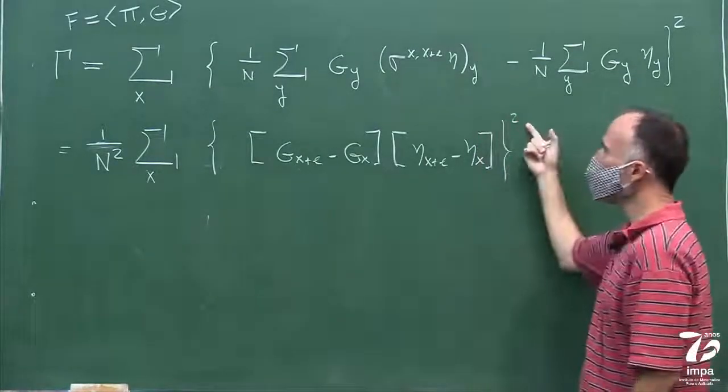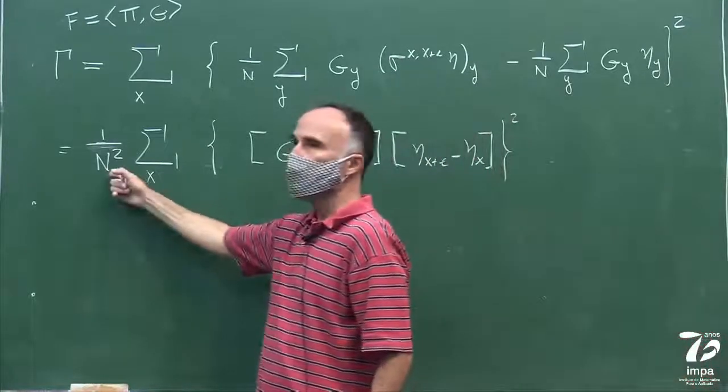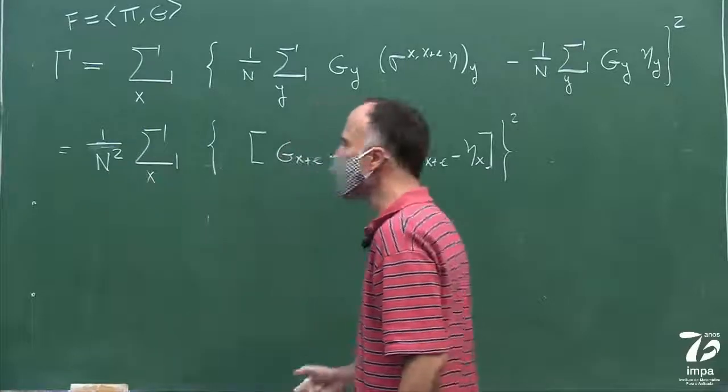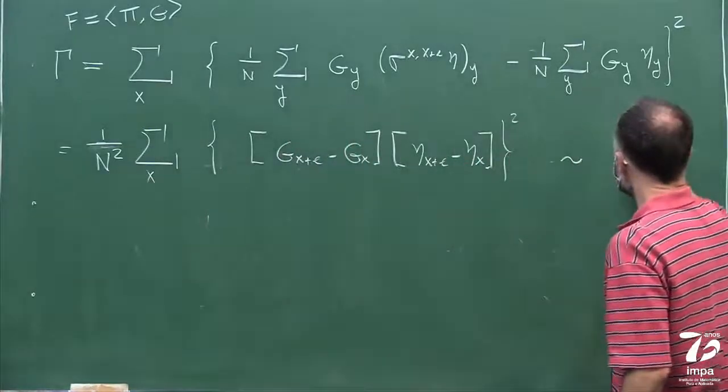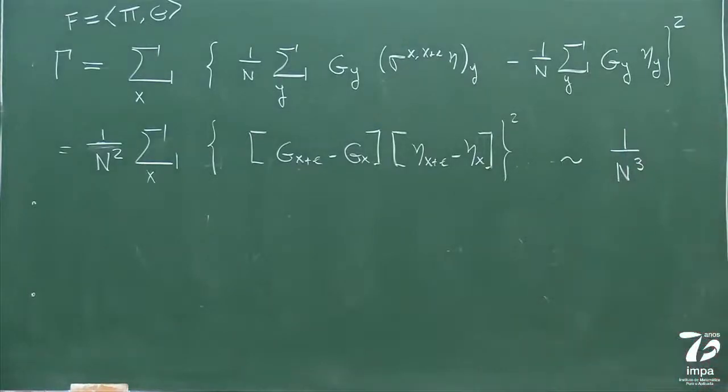I have a square, so 1 over n squared, times 1 over n squared, so 1 over n fourth, and the sum gives 1 over n third. So this is of the order of 1 over n cubed, while this term here is of the order 1 over n squared.